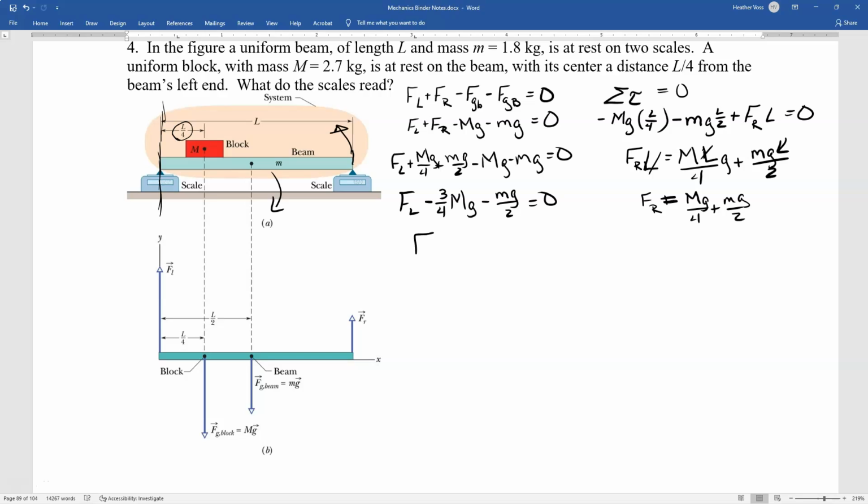So I get that the force on the left is going to equal 3/4 big mg plus little mg over 2. Now, if I come up here and I start putting all of my values in, I'm going to get that this is approximately about 28.66 repeating newtons. So just shy of 27 newtons.